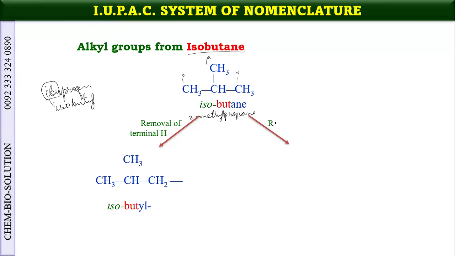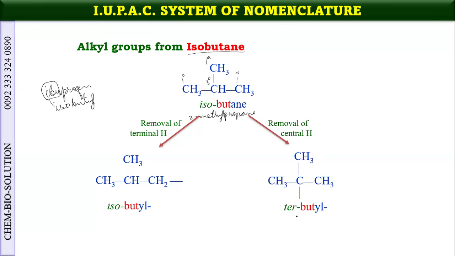And this is the 3-degree carbon atom because it is bonded with three carbon atoms. So if hydrogen is removed from here, then this is called the tertiary butyl group. And then we will study nucleophilic substitution reactions, unimolecular and bimolecular.